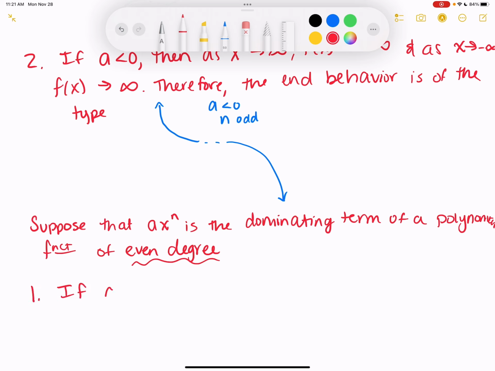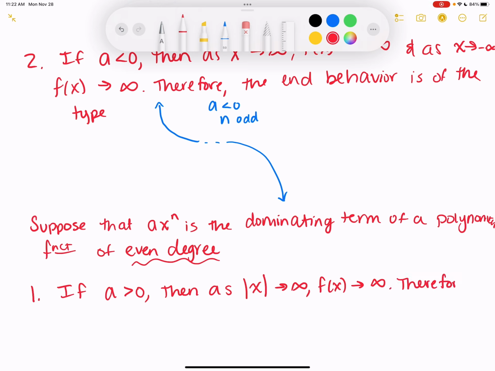So if a is greater than 0, then as the absolute value of x, because remember it's even, meaning whatever happens is becoming positive. There's no way for something being raised to an even power to be negative. So as the absolute value of x approaches infinity, f of x approaches infinity.